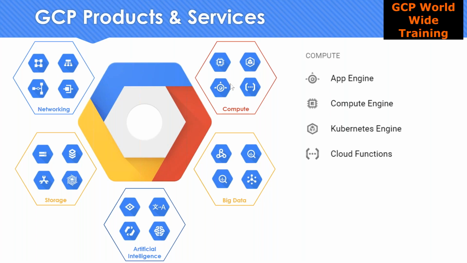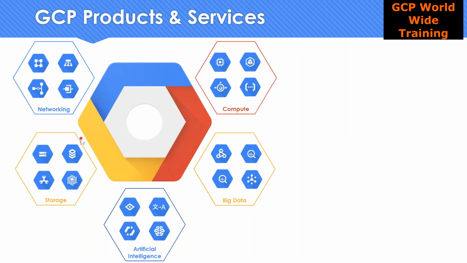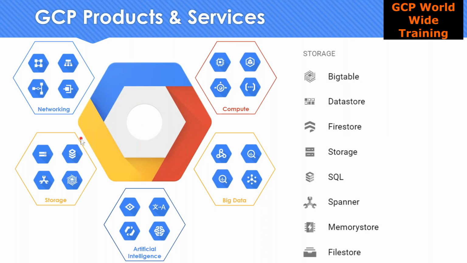Now once you start cooking, you have to store it in some container, right? That's where storage is going to come into the picture. You are cooking something, you need to have a container there. That's where the storage component is going to come in.